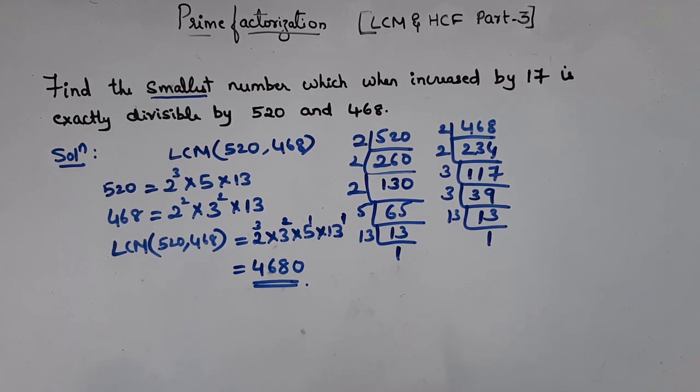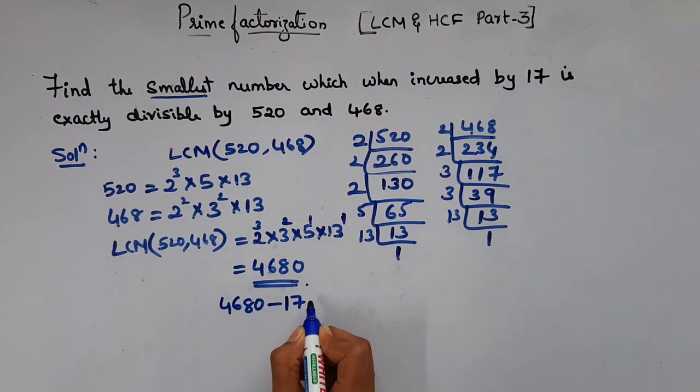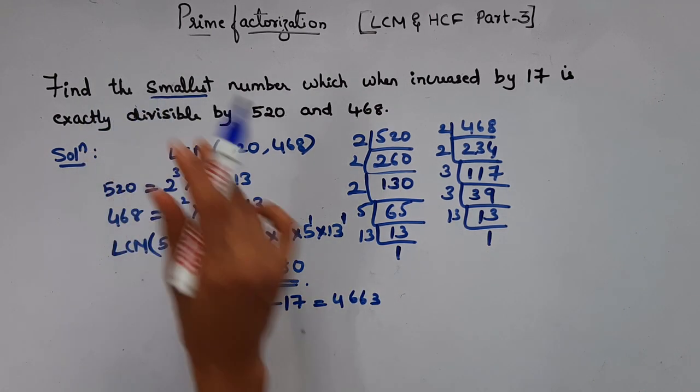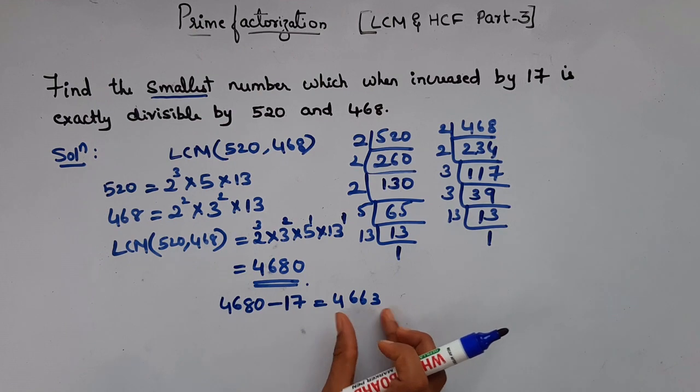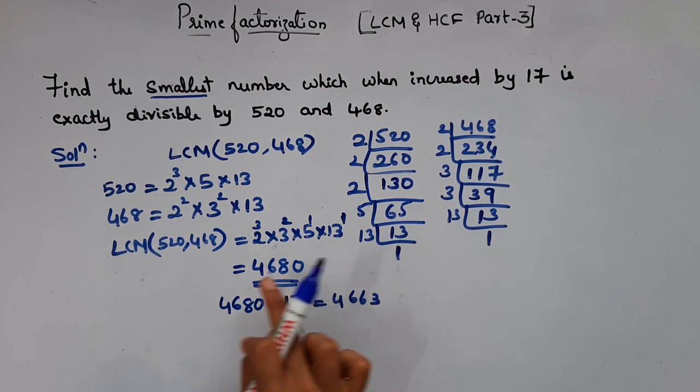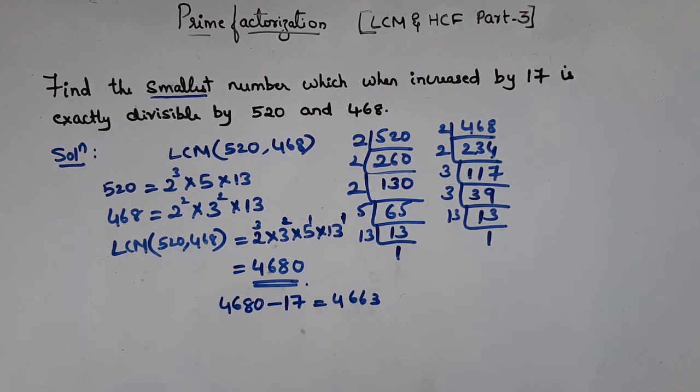I hope you got this point. That is 4680 minus 17, which is nothing but 4663. Alright, now this is the smallest number which when increased by 17, when you add 17 to this, will give you 4680. Okay, so the required number is 4663.